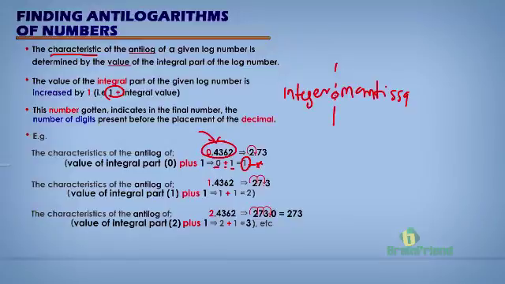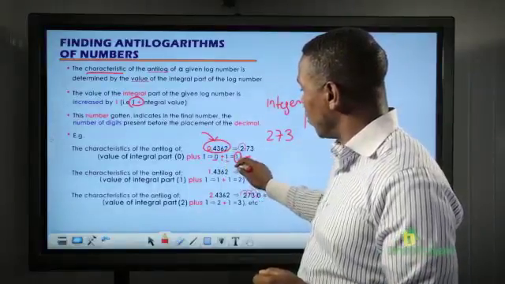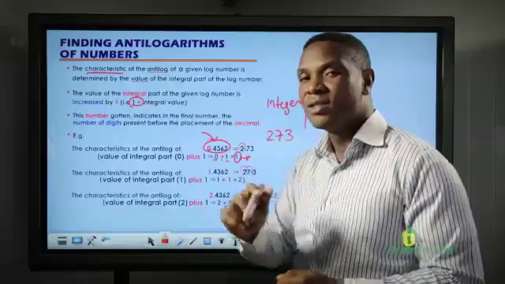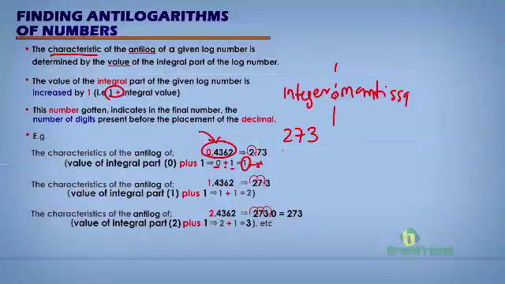The antilog of 0.4362 is 273 as a value. This integer part that we calculated to be 1, like we said, indicates the number of digits we have before a decimal point. It means that within this number string we would have 1 digit before our decimal point, and that first digit here is 2, so we move once, and hence we have 2.73 as we have here.